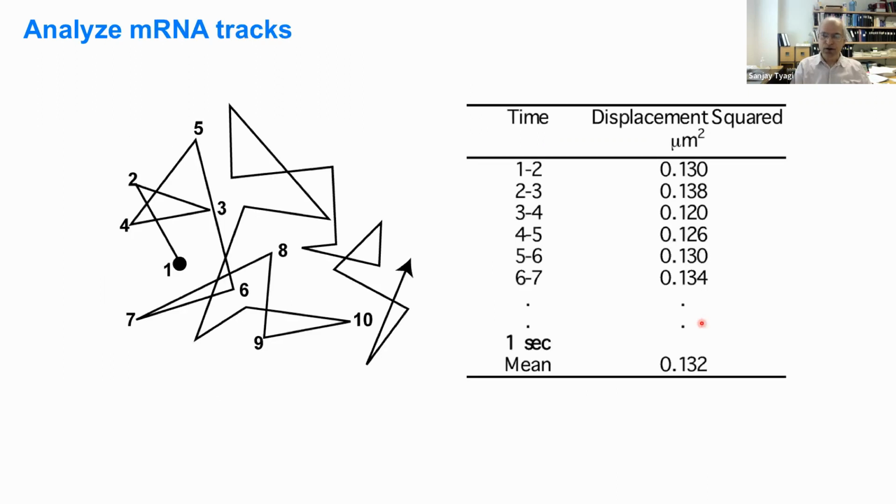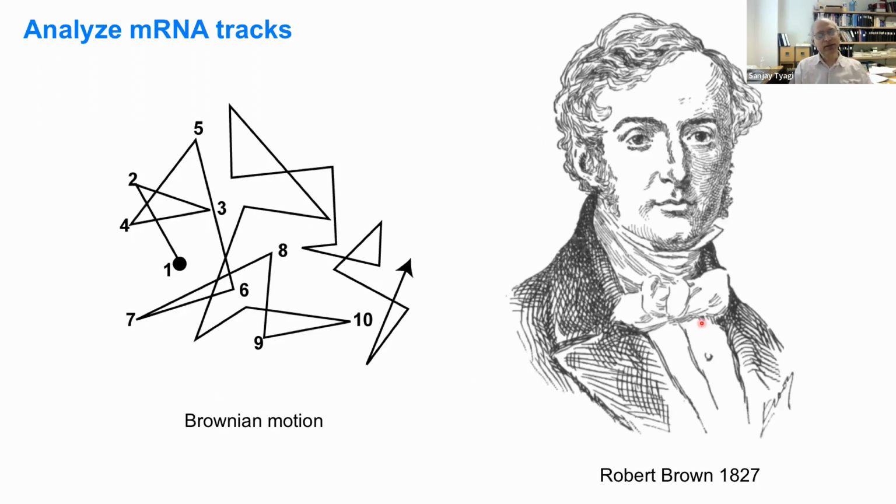Let's go to Robert Brown. So it turns out that Brownian motion is named after Mr. Robert Brown, who in the early 19th century had been looking at the motion of pollen grains in water. And he found that they continuously move. There's a mad motion with no rhyme or reason.